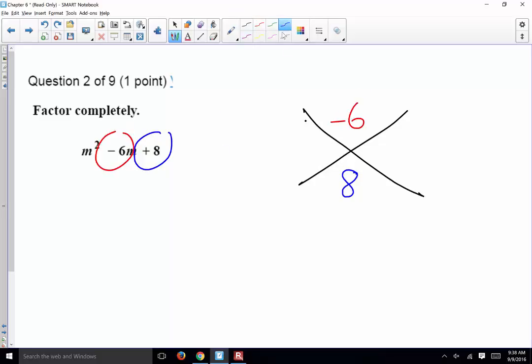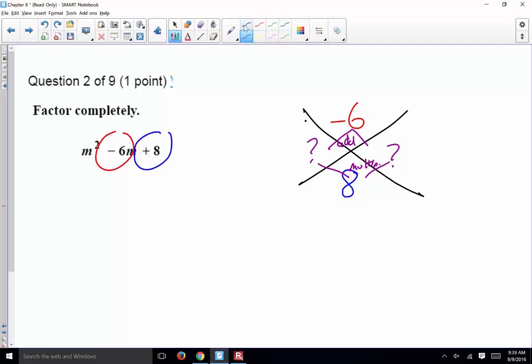You just need to find two numbers that multiply to this, but add to this number. What two numbers can I use here? Addition is -6, multiplication is 8.